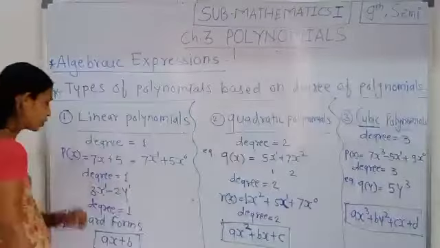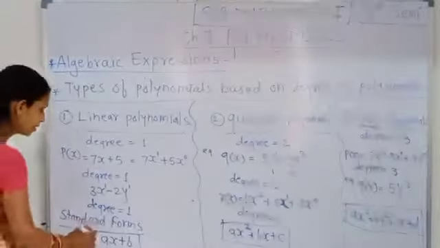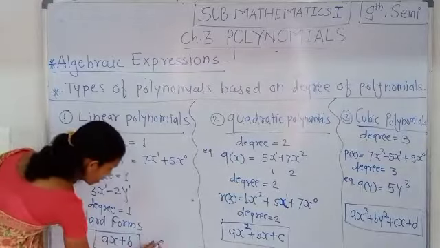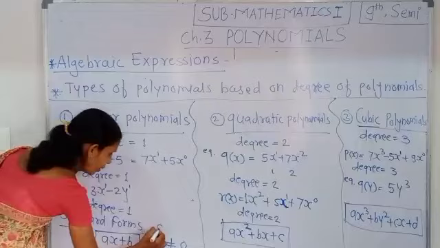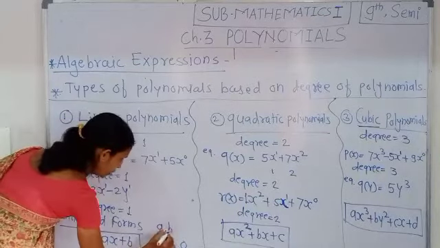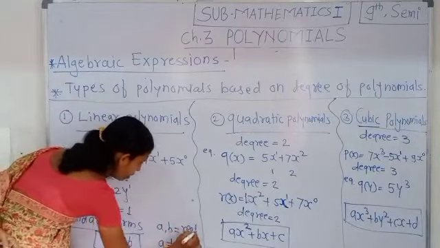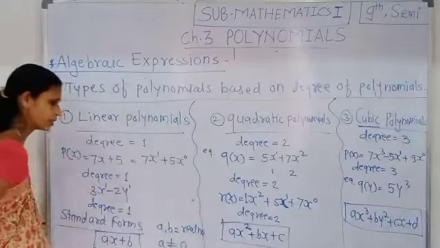But here one precaution is to be taken, that is a should not be 0, and a and b are real numbers, any real numbers.